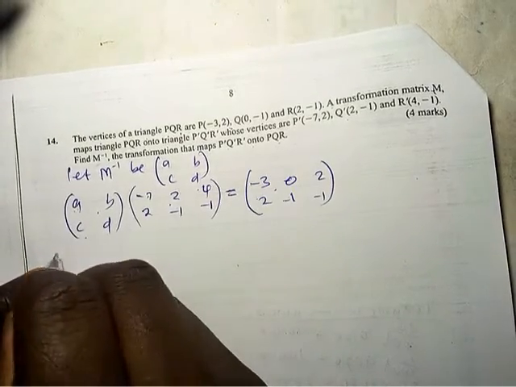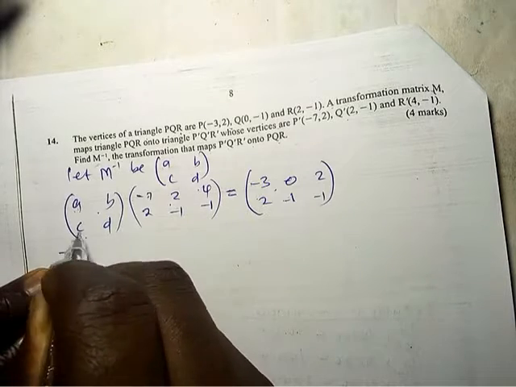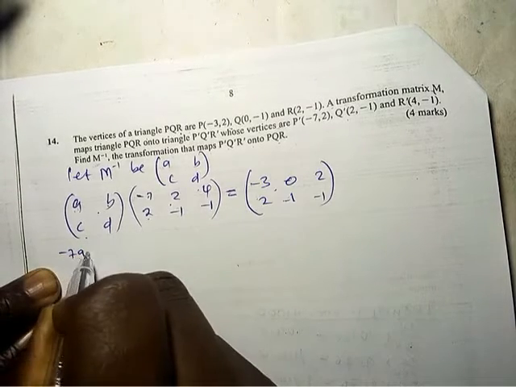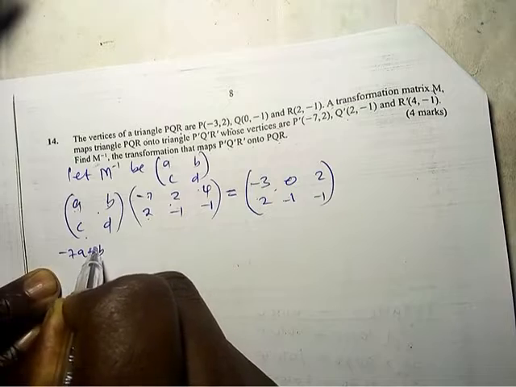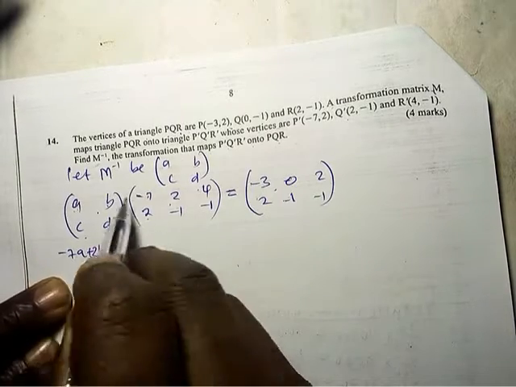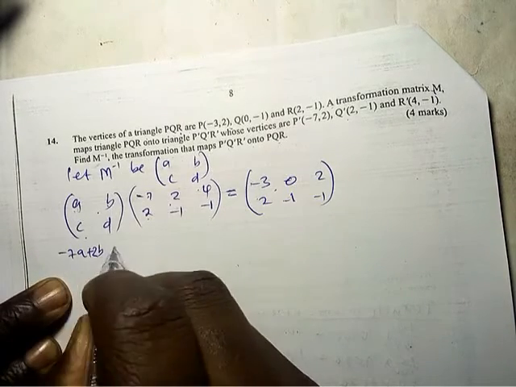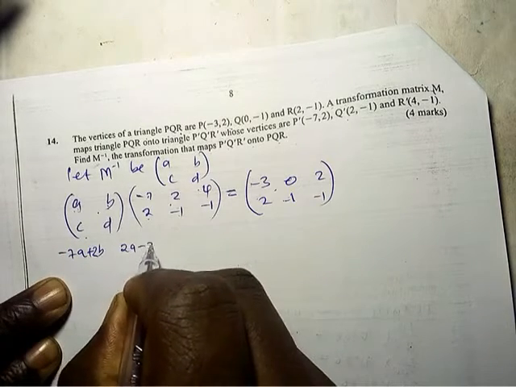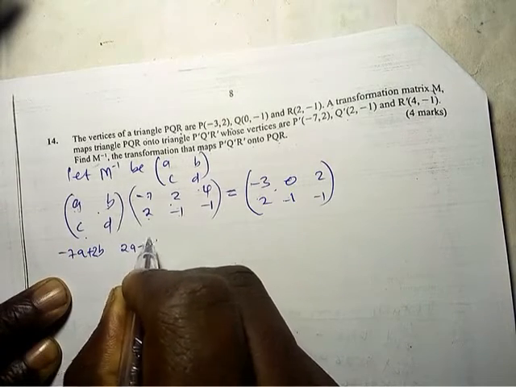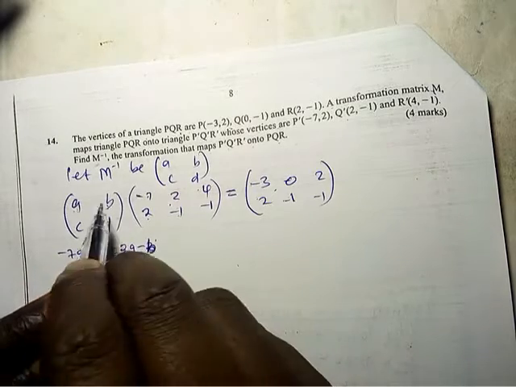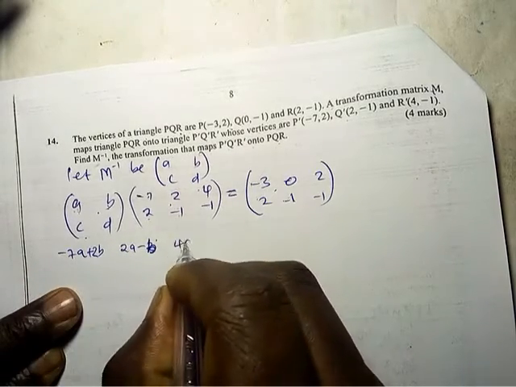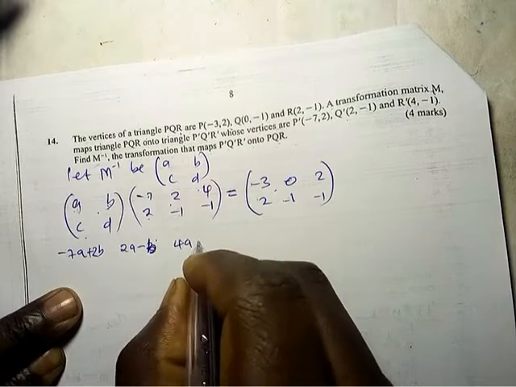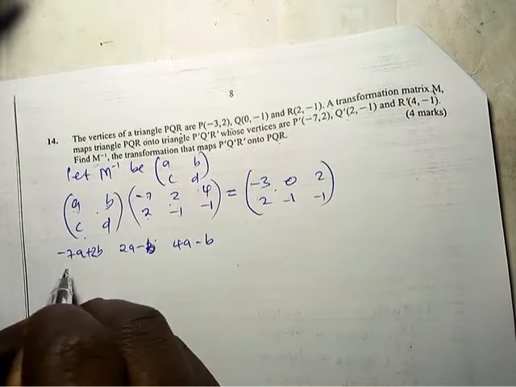We are going to have negative 7a, this times this, plus 2b. This times this, we are going to have 2a, this times this, minus b. This times this, 4a, this times this, minus b, like that.